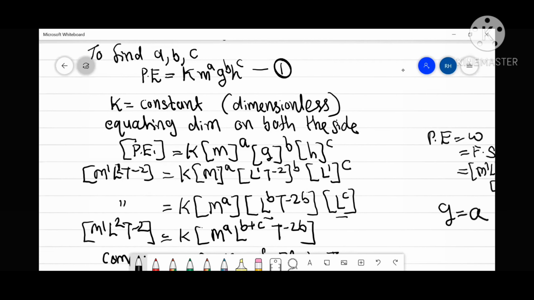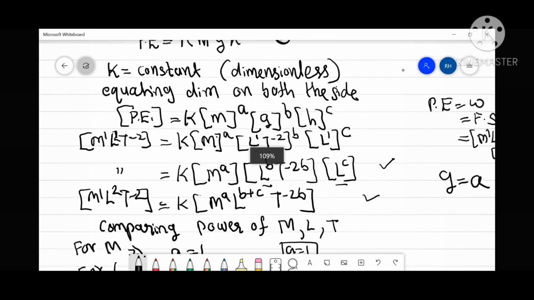That's why it will become, now these steps, K into M raised to 1 multiplied by a, that will come to M raised to a, L raised to 1 multiplied by b inside of these two terms, L and T, L raised to b, T raised to minus 2b. Next is c, 1 multiplied by c, L raised to c only. Next step, we are combining the L terms because two L's are there. M is only one time, T is only one time. That's why M raised to a, L raised to b plus c, and T raised to minus 2b.